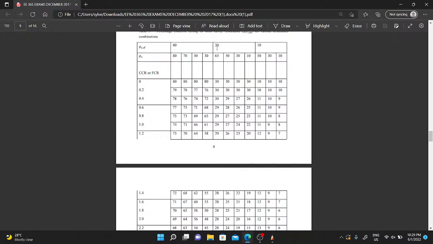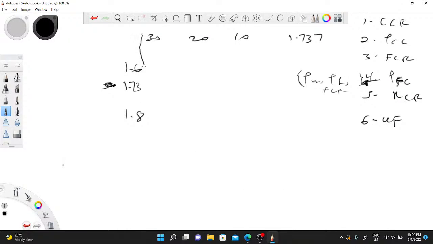At rho F of 30, I'm circling with my cursor, and at rho W of 50, at 1.6 we have 28, at 1.8, 28. So I'm having 28 here, 28 here. So I'm supposed to get 25. It's 25 and 5.